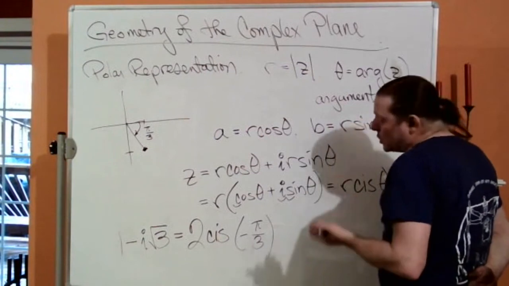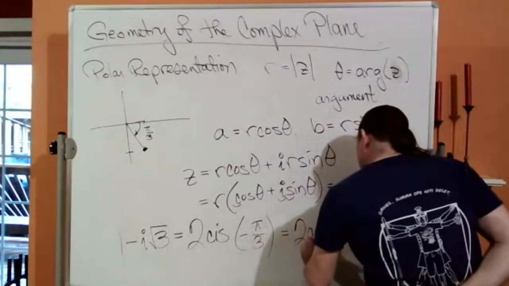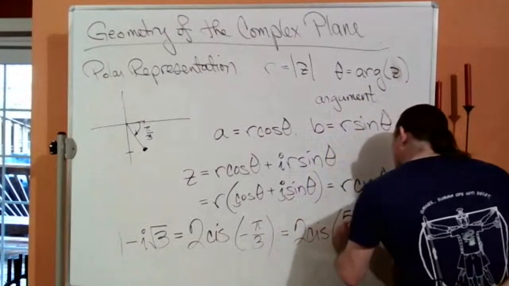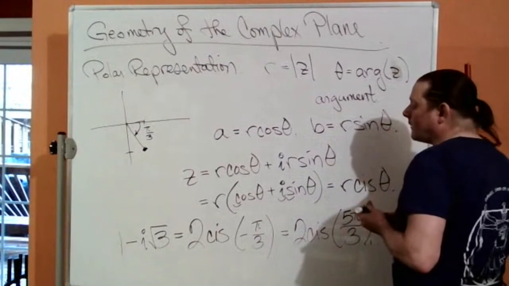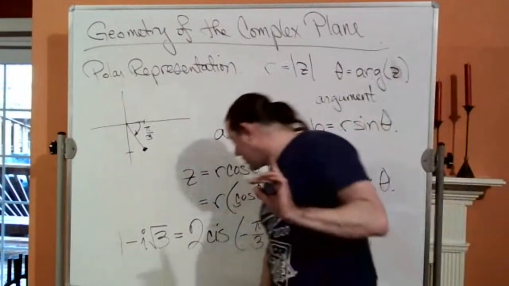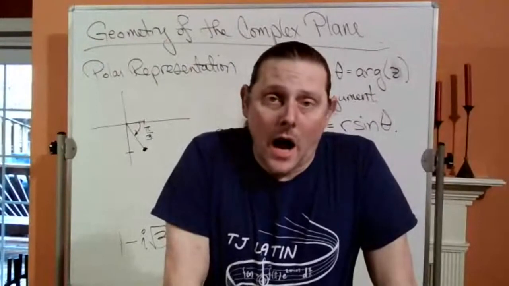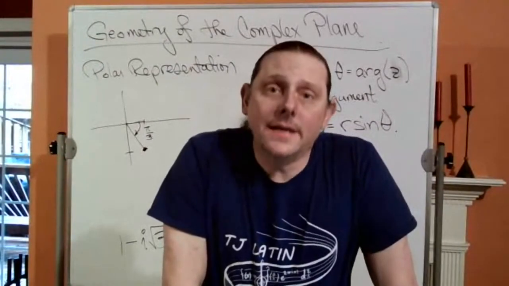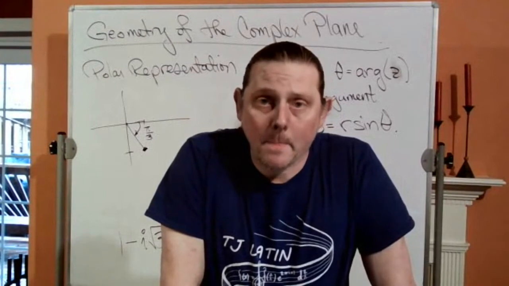You could also use 2 cis 5 pi over 3. But the principal value of the argument of 1 minus i root 3 is negative pi over 3.